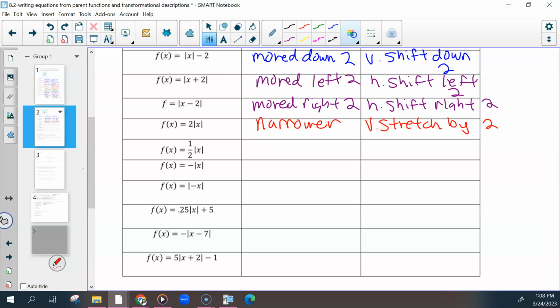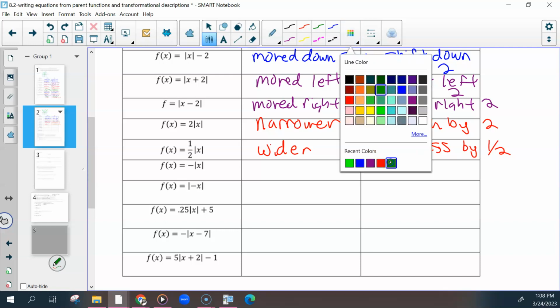So then the next one? Wider. And that rule? And then do the next one, either graph or look at your notes.